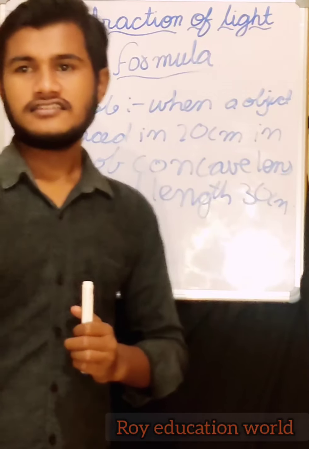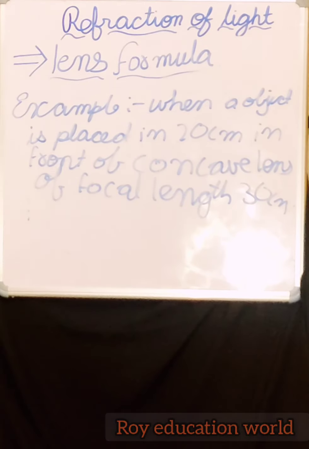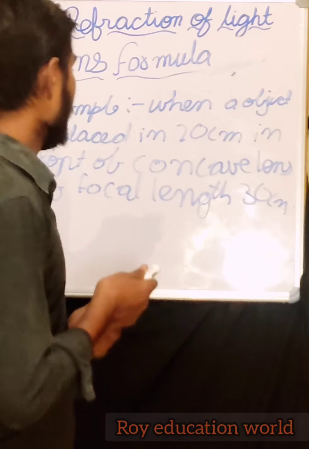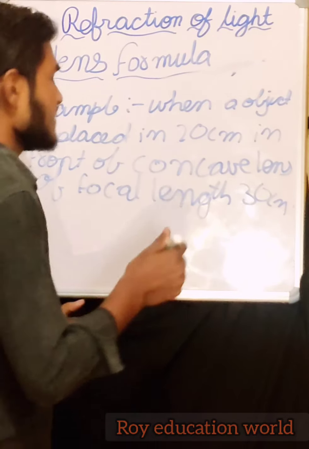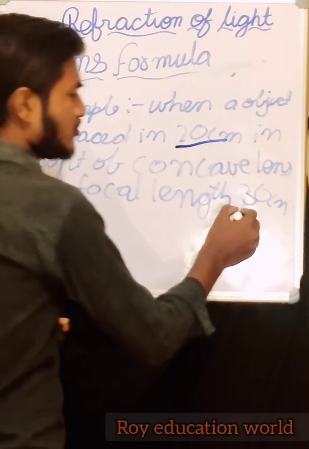Let us see this example where the object distance is 20 centimeter and the focal length is 30 centimeter.